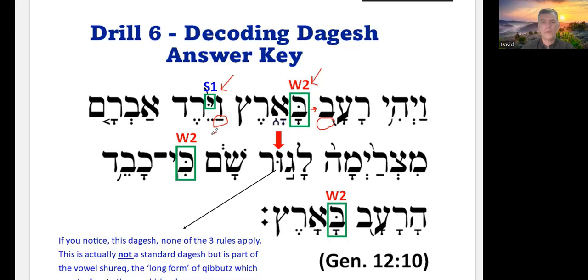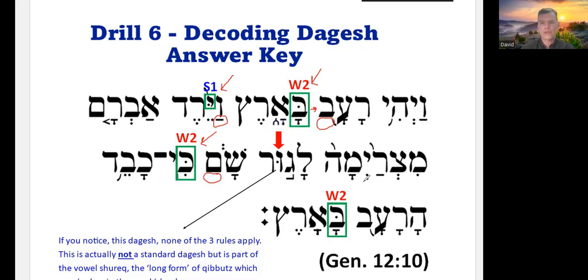Next example, we get a W2, a weak Dagesh. Number 1, it is a Begad Kafat letter. That can tell us it's weak, but it's also weak because it is preceded by no vowel. If there was a vowel there, it would render this a strong Dagesh inside a Begad Kafat letter. That can happen too. It's like a curveball. That's where rule 3 comes into play.